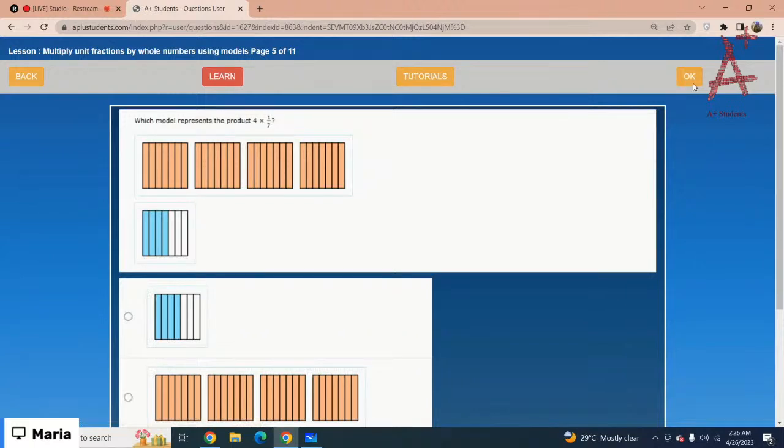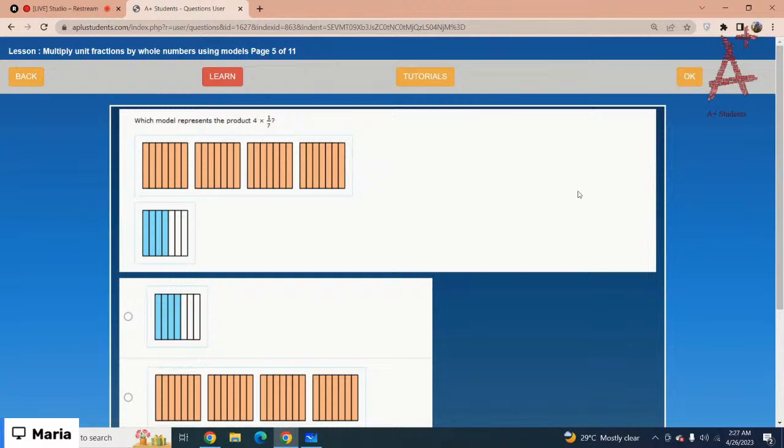Okay, which model represents the product 4 times 1 over 7? So which is the correct option? 4 times 1 over 7 means 4 out of 7.